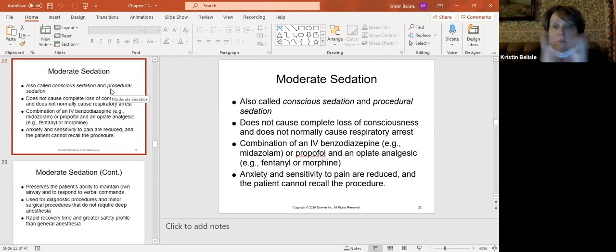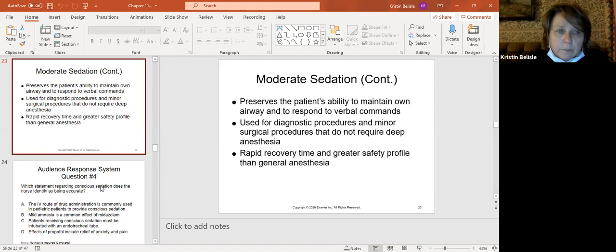It has a greater safety profile, and recovery time is shorter. You see sedation with children a lot too, just FYI.